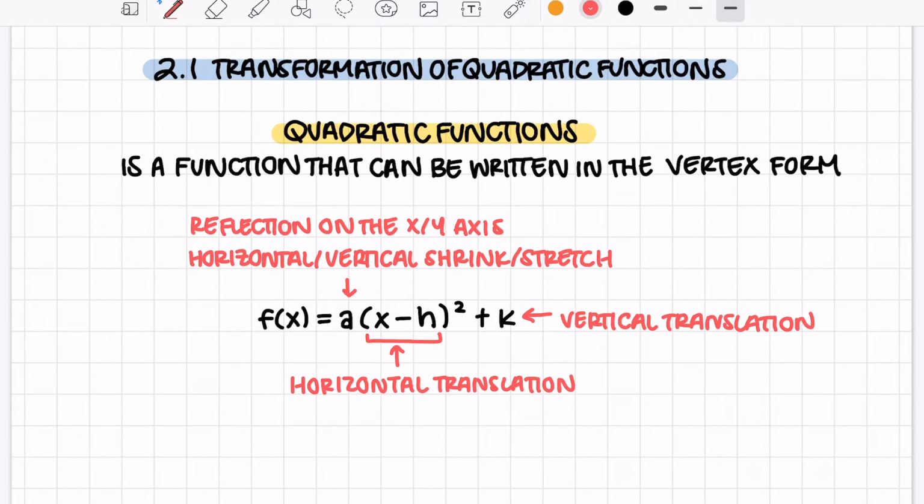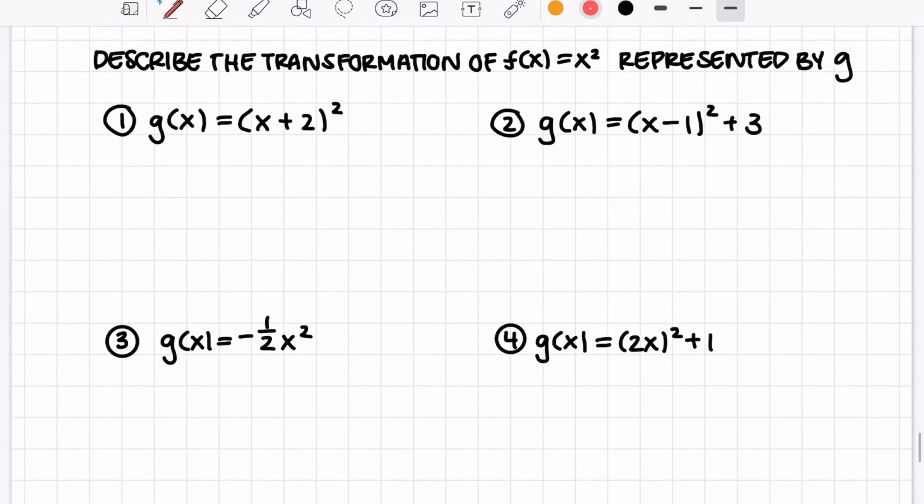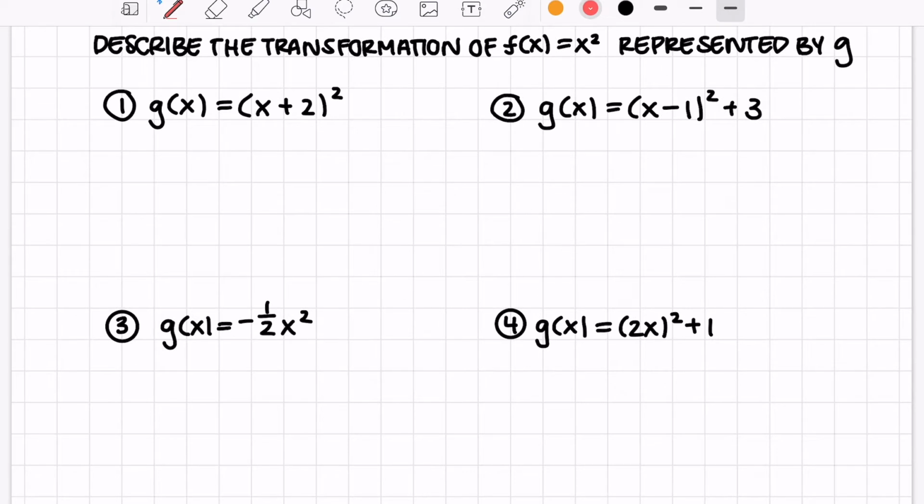Okay, so now that we know what the vertex form is, I want to use the vertex form to describe the transformation of the quadratic function represented by the value of g. So let's start off with number 1 here.